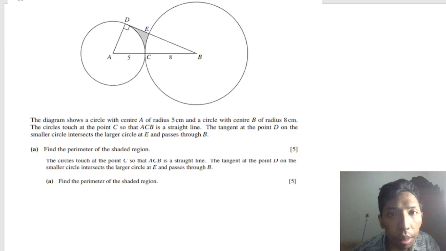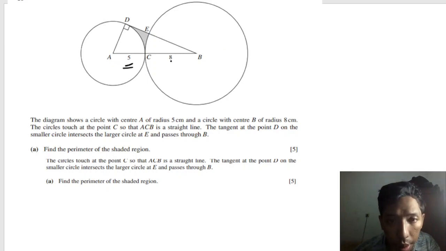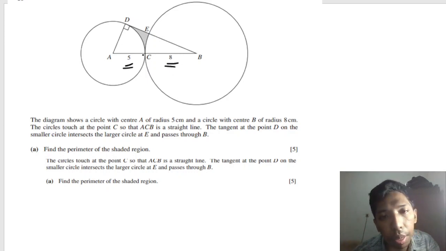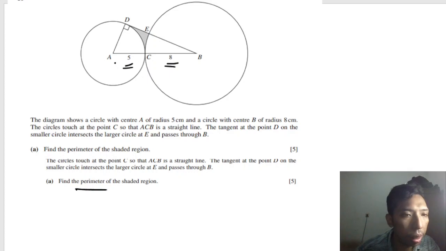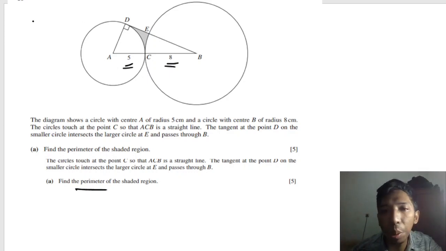The left one has a radius of 5, while the right one has a radius of 8, and we need to find the perimeter of the shaded region, which means DEC. Does anyone know how to get the perimeter of DEC?